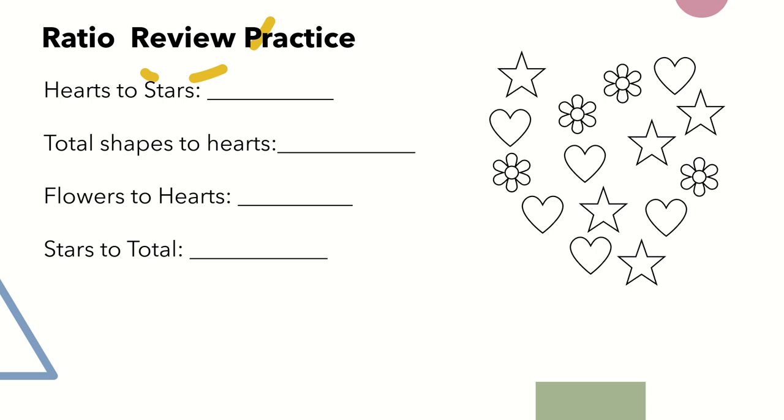So let's quickly look and see how many hearts and how many stars. Okay, so hearts to stars. 1, 2, 3, 4, 5, 6. 6 hearts. 1, 2, 3, 4, 5 stars. And again, it can be written in any form. I'm just writing all of them. You don't necessarily have to.